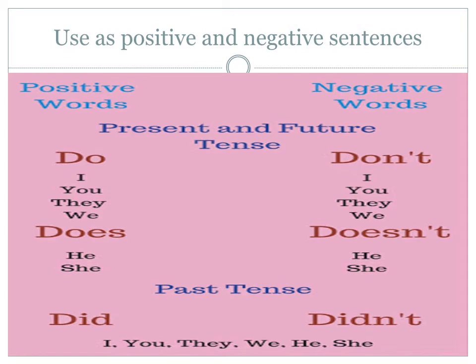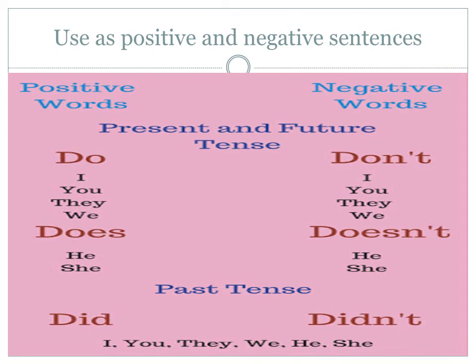Use in positive and negative sentences. Positive words and negative words, present and future tense. For example, with whom we use do and does, don't and doesn't, and did and didn't. Do we use with I, we, you, they, and don't we use with I, we, you, they.